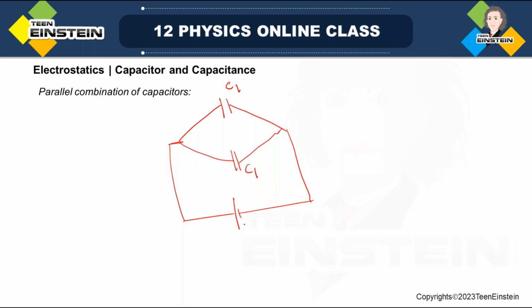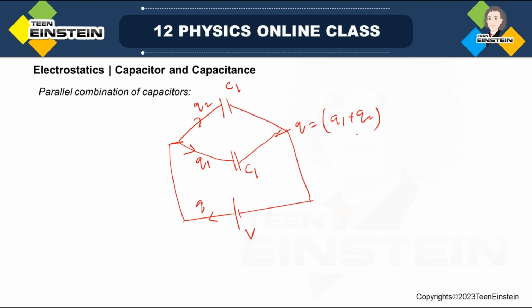They are connected in parallel combination, and a battery is connected across this combination, and it can provide a potential difference of V. Now in this case, what are the key points? If the charge Q is coming out from the battery, it will be divided into two branches, Q1 and Q2. So here it will be total charge Q1 plus Q2.